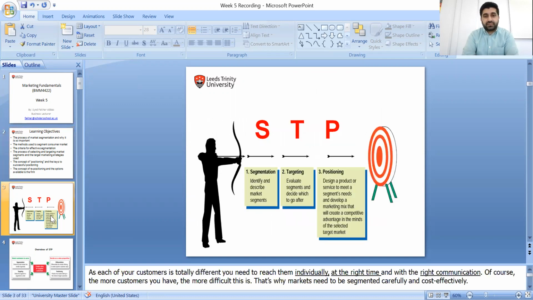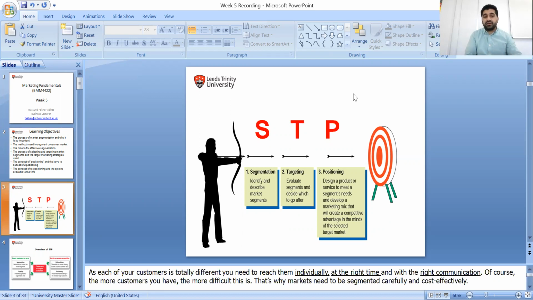So let's talk about STP. What is meant by STP? S stands for segmentation, T stands for targeting, and P stands for positioning. Segmentation is important because in general we have no idea how many segments are in the market.